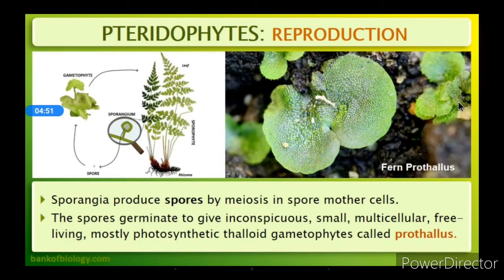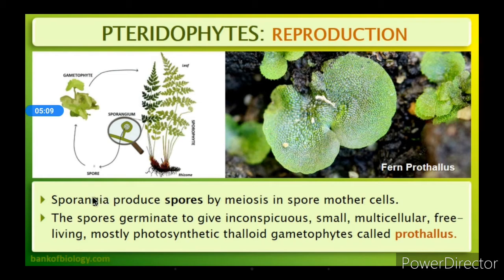Then the sporangia produce spores. We know the sporophyte consists of sporophylls, which consist of sporangia, and in the sporangia spores are present, right? The sporangia produce spores by meiosis in spore mother cells, and the spores germinate.